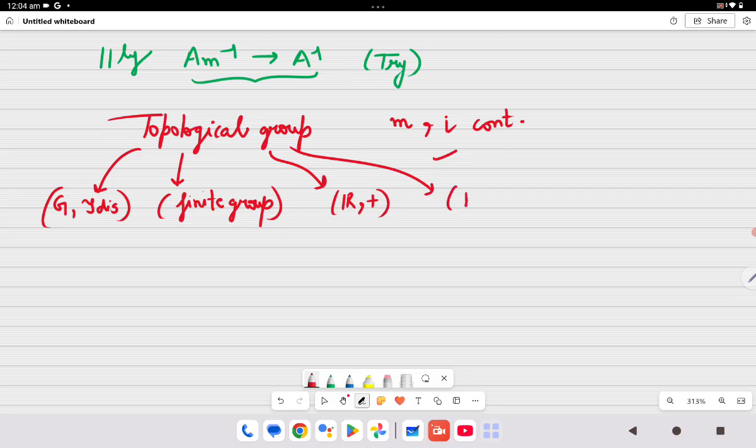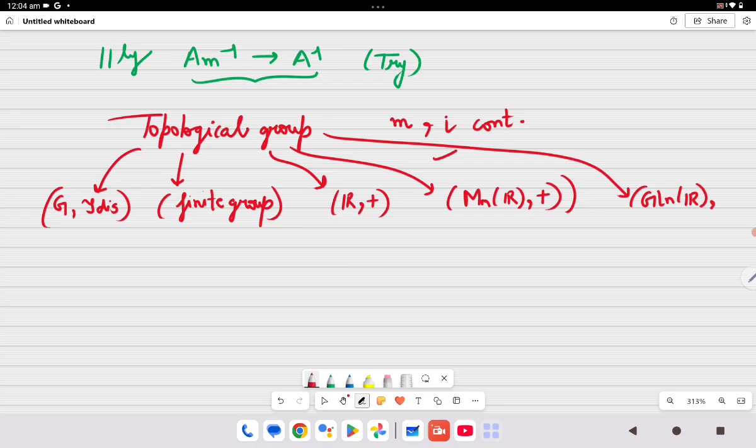Next हमने पढ़ा कि set of all matrices MNR with respect to addition, this is a topological group. फिर हमने देखा at last GLNR with respect to multiplication, this is a topological group. So हमने 5 examples देखे of topological group.